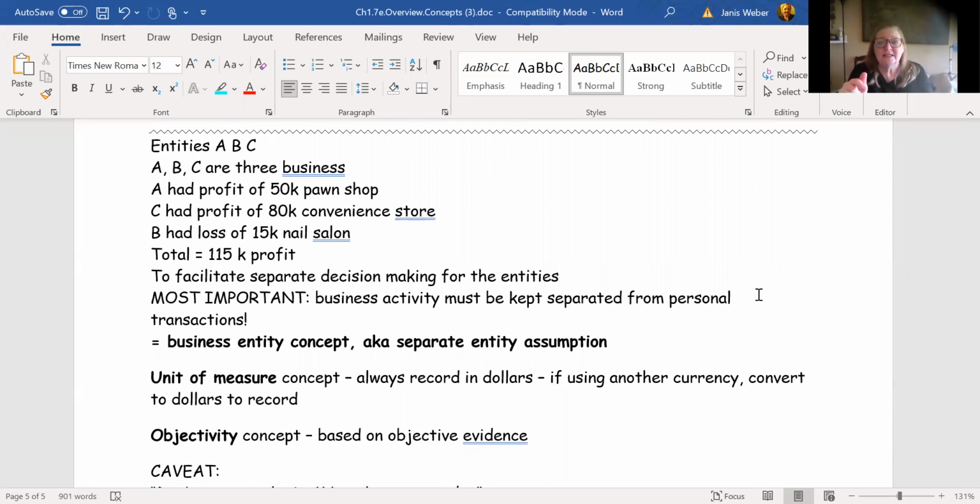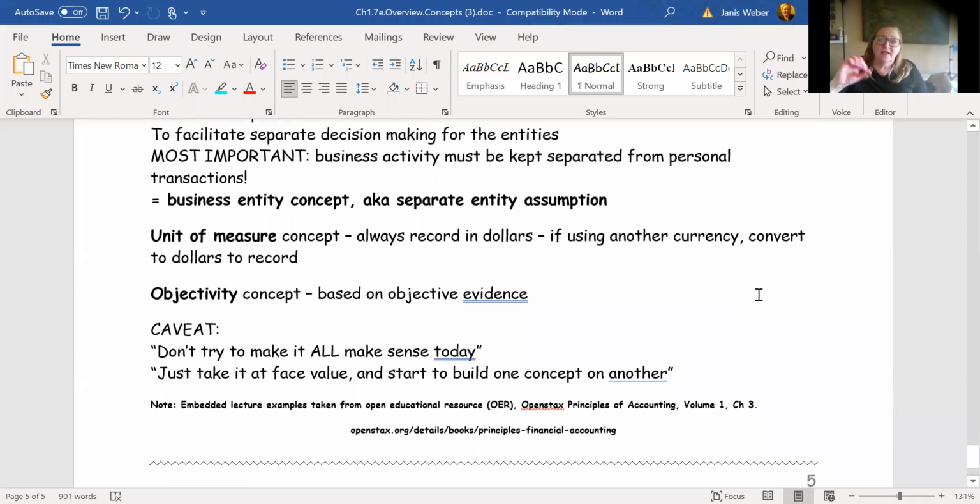So the separate entity assumption, or business entity assumption, is the same kind of thing as saying, don't integrate these with your personal activities. Then the unit of measure concept says we should always record in our US currency. Because of the global environment, we do sometimes buy and sell in other currencies, and if we do, we convert it to US dollars before we record it in our books.